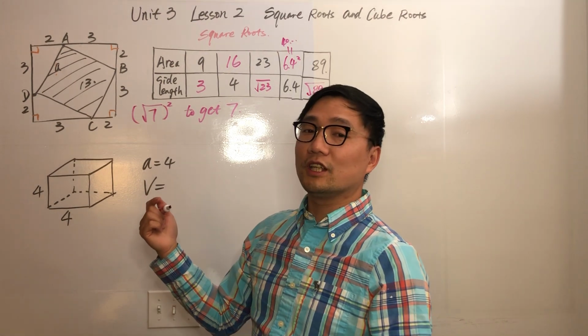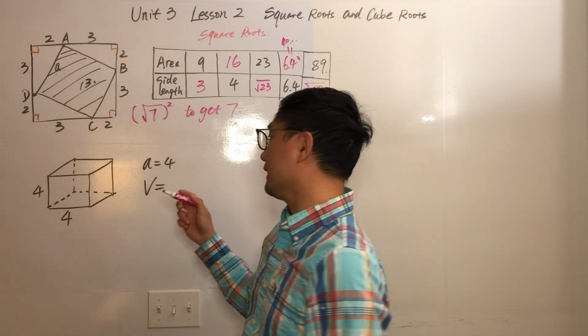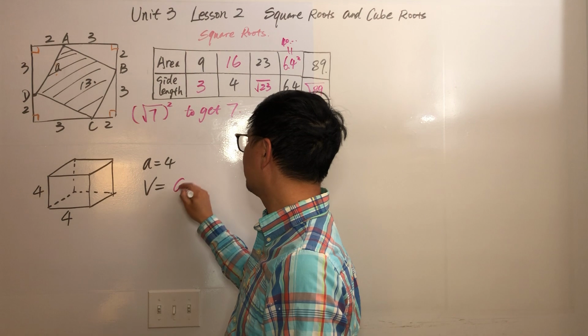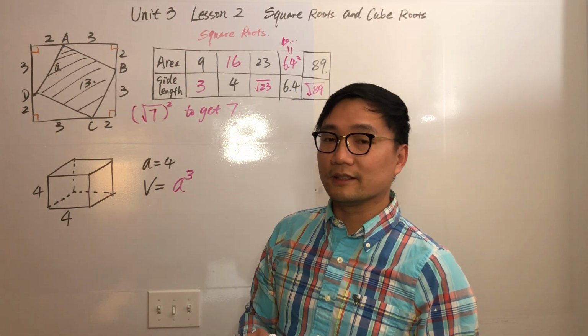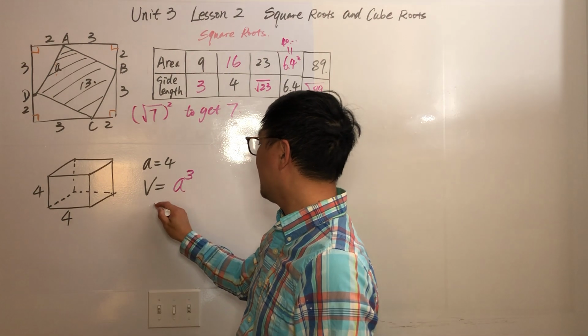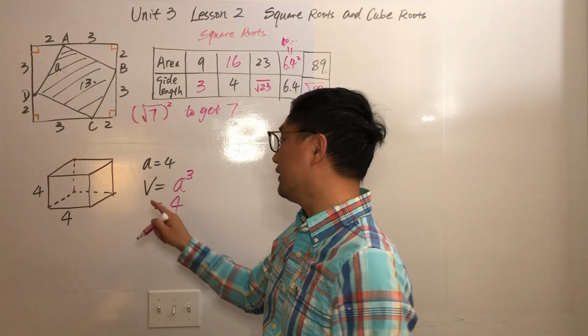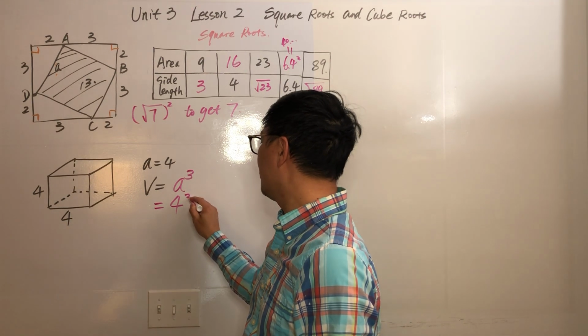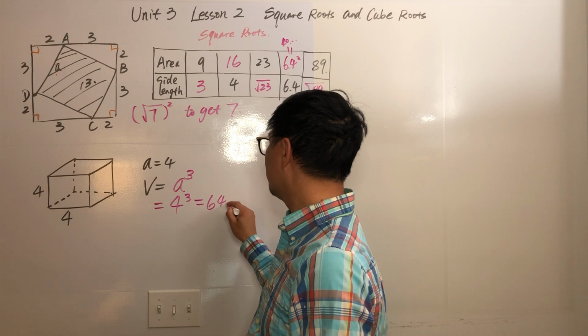You should know the cube volume formula is the side length A to the third power, right? So now if A is 4, the volume of this cube is 4 to the third power, which should be 64. Okay?